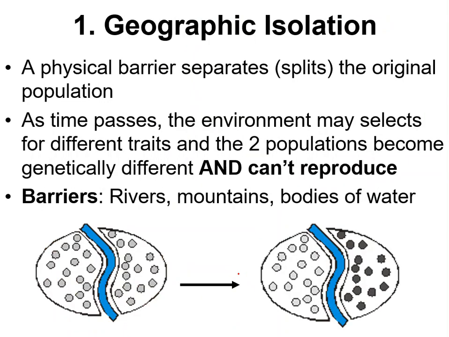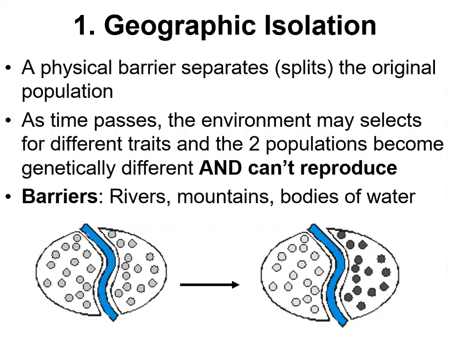So geographical isolation is where a physical barrier splits a population. It can be a river, a canyon, the vacuum of space if humans ever want to colonize another planet. It can be an ocean. It can be any physical thing or distance.